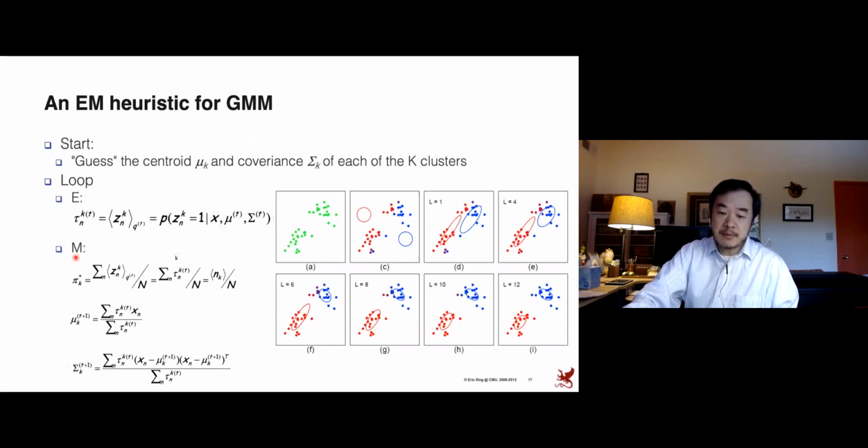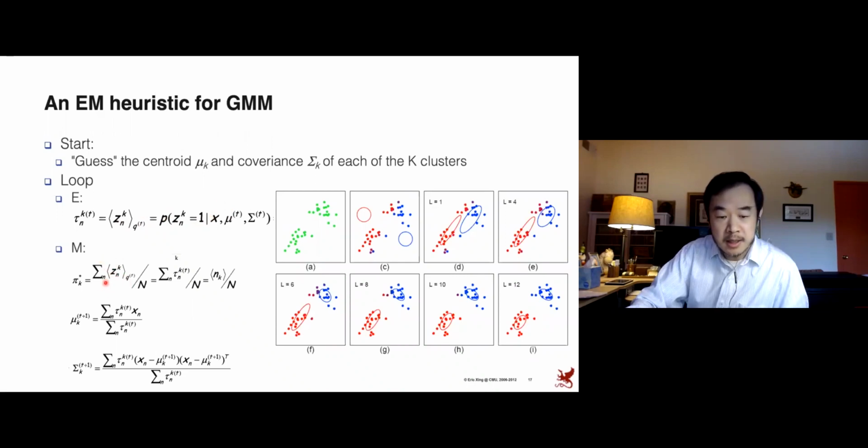And then you're going to the M step. In the M step, you are going to compute now the phi, the pi, the mu, and the sigma by assuming that the z are no longer a hidden random variable. They become observed. Their values are replaced by this guy, which is a fractional number. It's not a 0 or 1. It's a fraction between 0 and 1. And you are going to now do a summation over that.